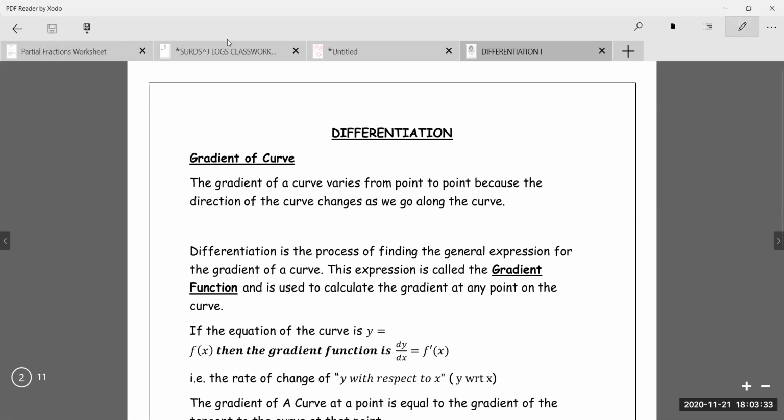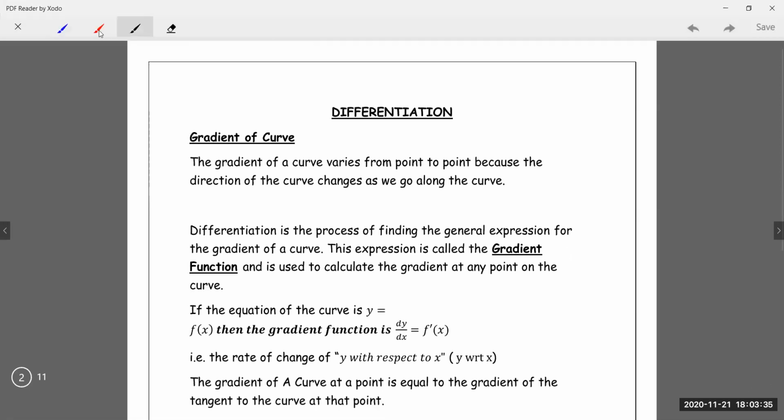So let me put on something graphically for you to see what this is saying. So this is a curve, right? Let's say this is a curve. At each different point, the slope is different, isn't it? The slope is different. How do you find the gradient of slopes?